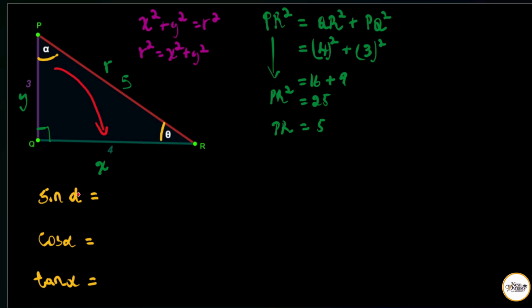Now let's define our ratios using angle alpha. Sine is the opposite over the hypotenuse, and cos is the adjacent over the hypotenuse. Then your tan is the opposite over adjacent.